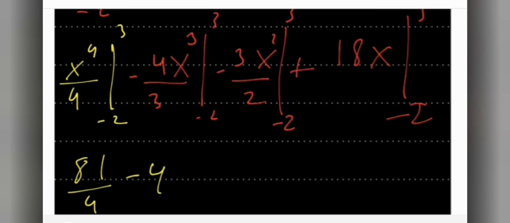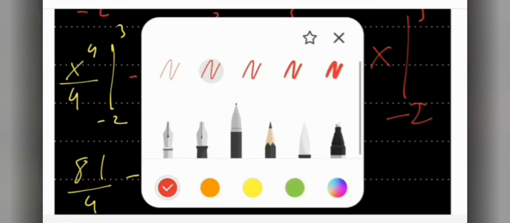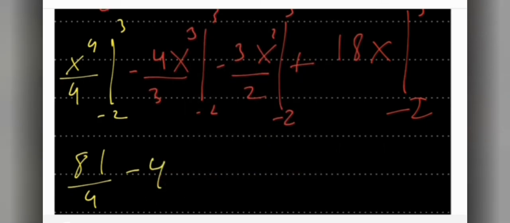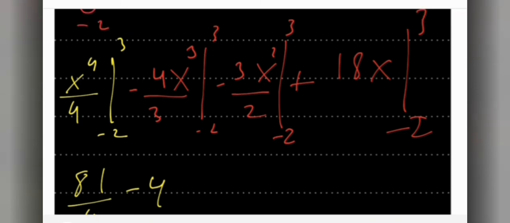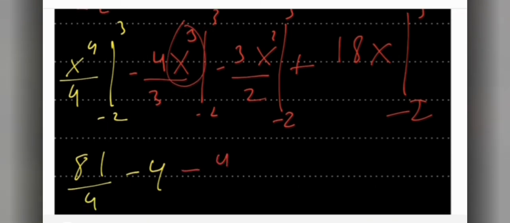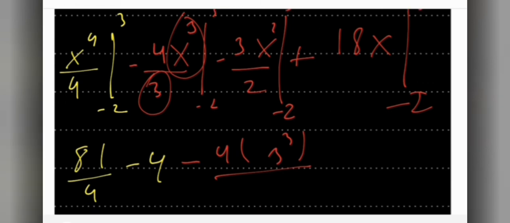Now let's do the next part over here. So now we will have x cubed with 3, right? So minus 4 multiplied by 3 cubed, divided by this 3 over here, right? So how much is this? Well, 3 cubed is 27, divided by 3 is 9, multiplied by 4 is 36, right?